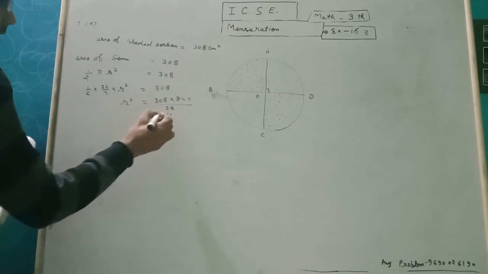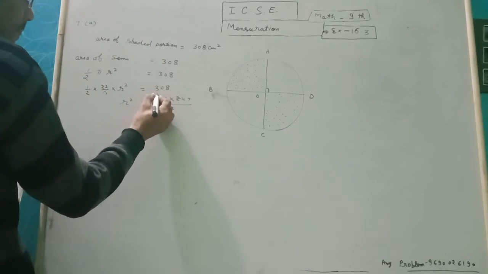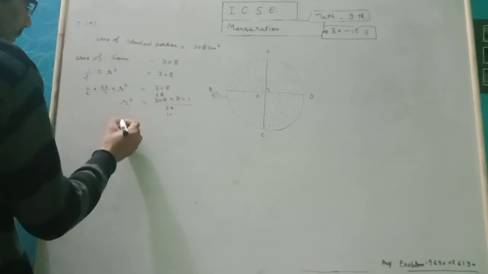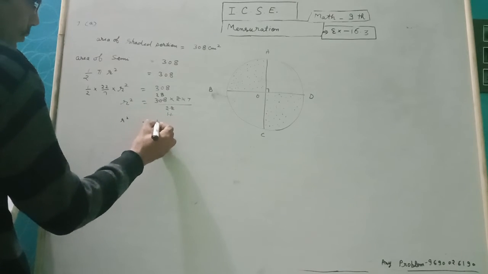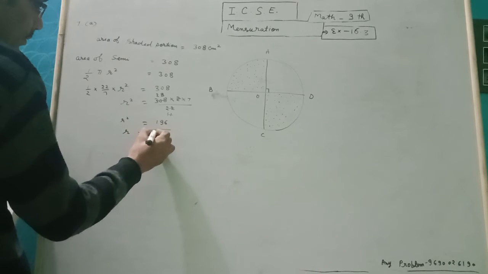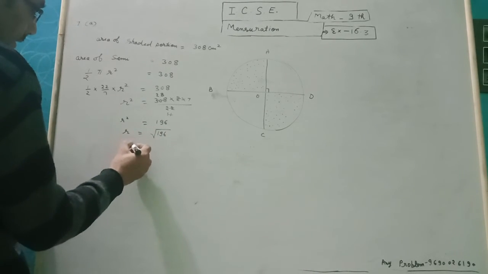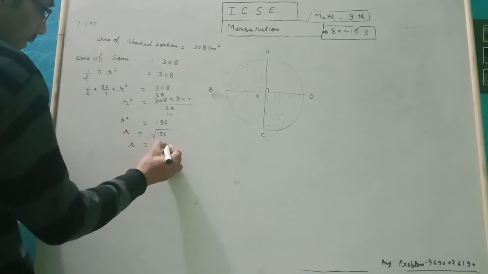After multiplying, r square is equal to 196, r is equal to under root of 196 is equal to 14 cm.